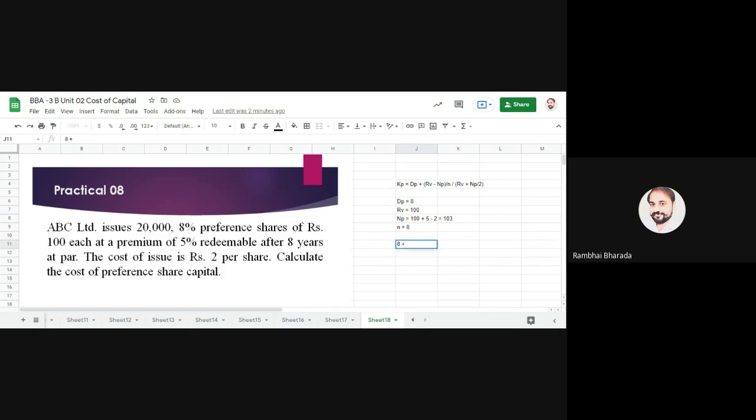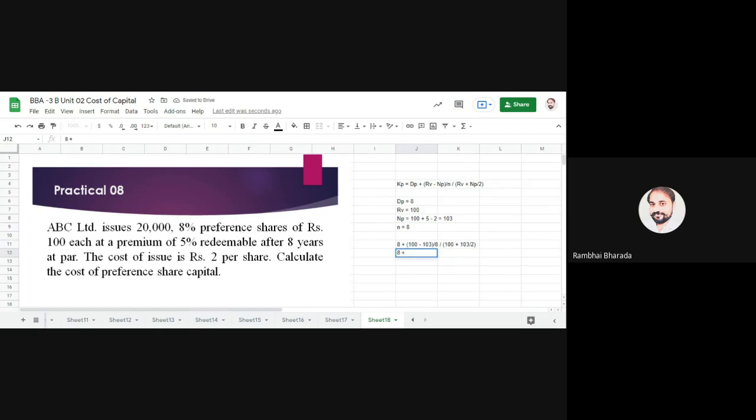DP is equal to 8, in a bracket RV is 100 minus NP 103 upon N. N means number of years, entirely divided by RV 100 plus 103 upon 2.